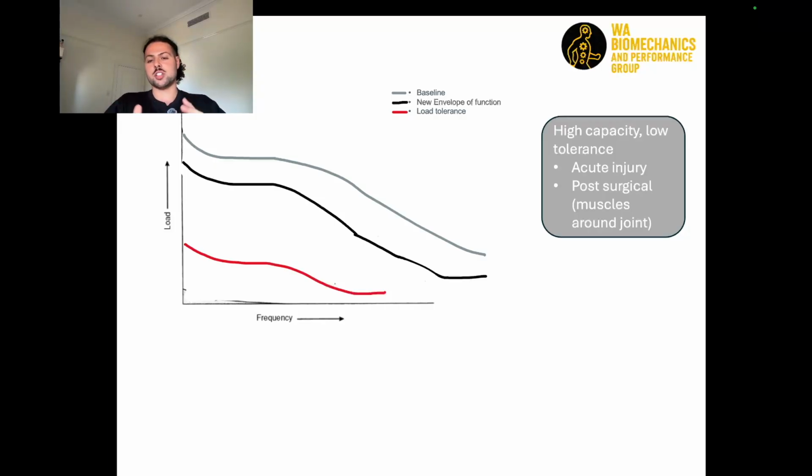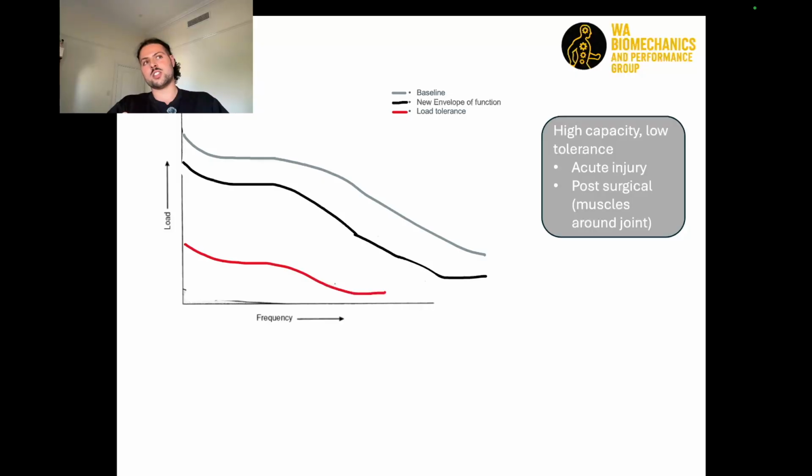So if we think of an acute injury, this could probably represent an acute injury, let's say an ankle sprain for now. So if you have an ankle sprain, one or two days later, let's talk about the calf in the context of an ankle sprain, the calf muscle complex or the plantar flexors.